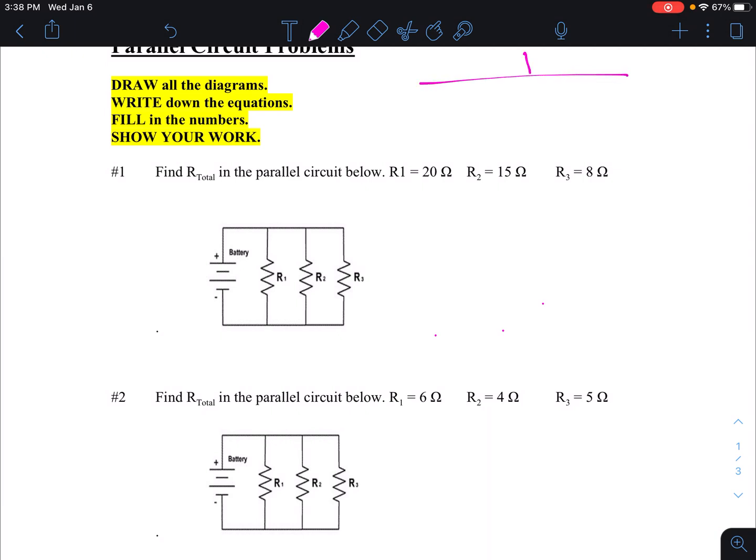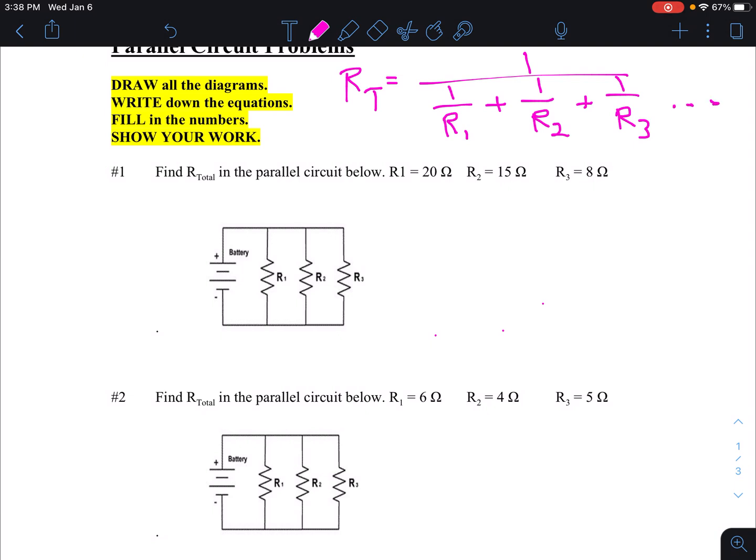The total resistance, RT, equals 1 over the sum of the reciprocals: 1 over resistance 1, plus 1 over resistance 2, plus 1 over resistance 3, and a dot at the end.